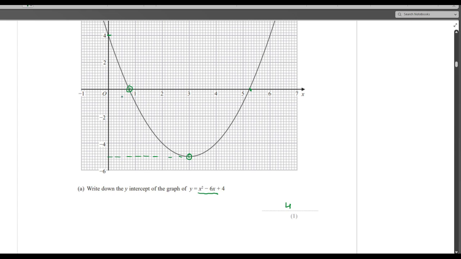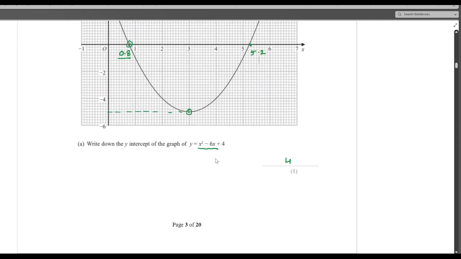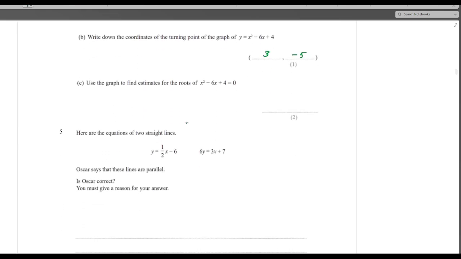This is 0.8, and here it is 5.2. So the roots are 0.8 and 5.2.